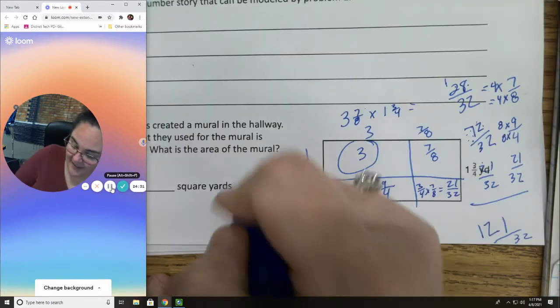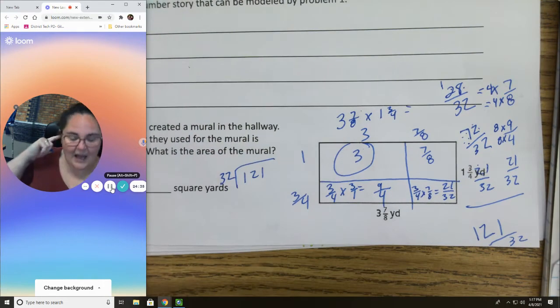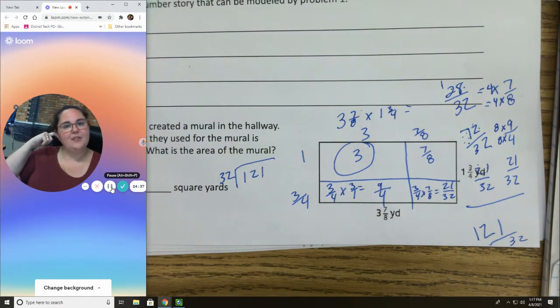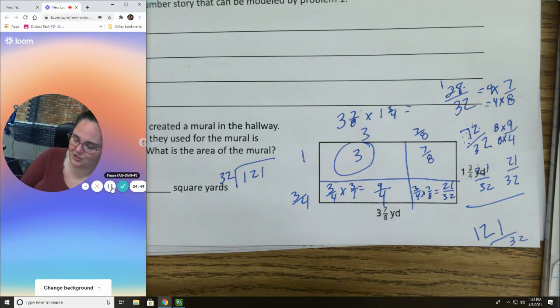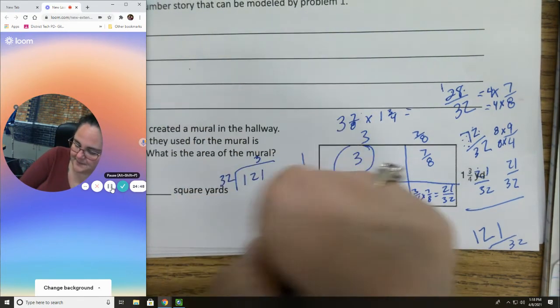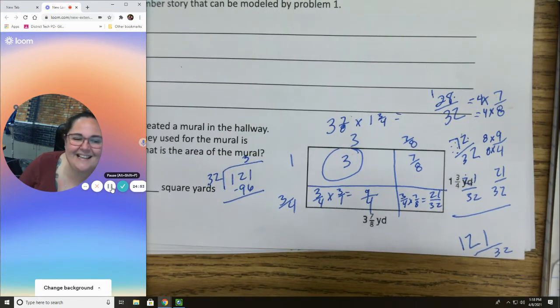Now I got to divide. 121/32. I know that 32 times 3 is 96. So that's close. 32 times 4 is 128. So that's going to be too much. So we're going to do times 3. 121 minus 96.